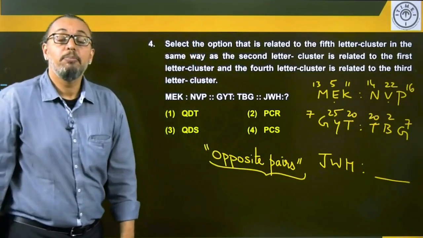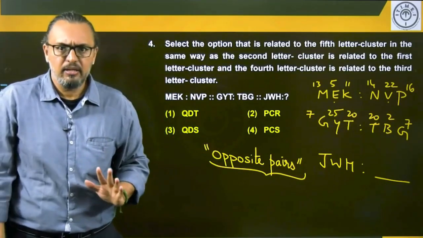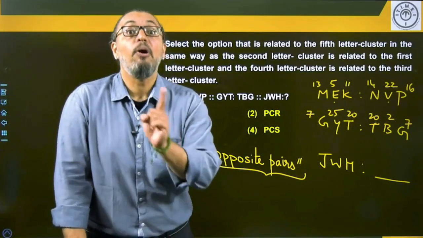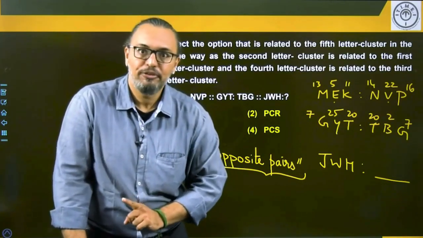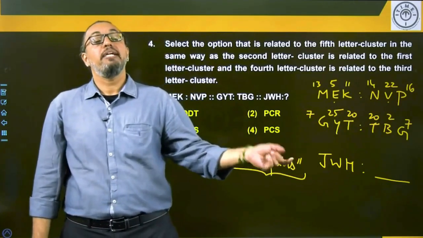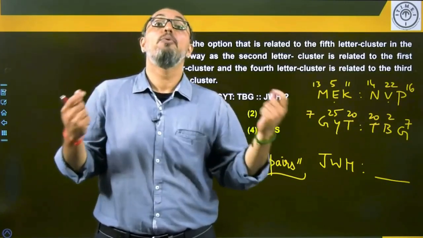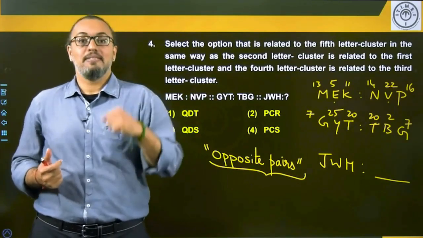Now what are opposite pairs? Pairs are two letters together. These are the letters that have the same position but from opposite ends. Like A is the first letter from the left end, Z is the first letter from the right end. A and Z are called opposite pairs because they hold the same position from opposite ends. Likewise B and Y, C and X.